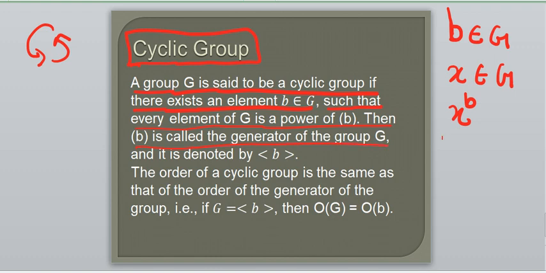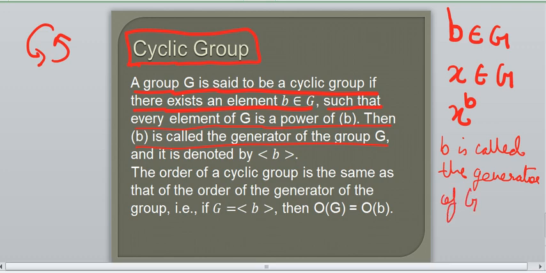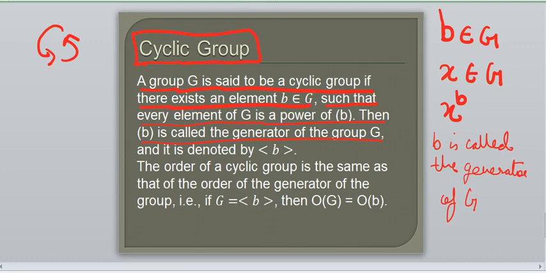So B is called the generator of G. Generator means not the generator that gives you electricity. Generator means it generates the group. B generates the group. It is denoted this way.